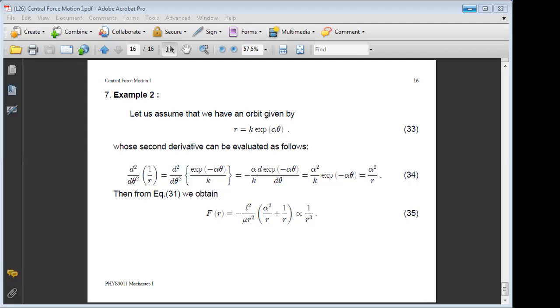Since v1 and v2 are constant, v naught is also constant. And the total energy is equal to 1/2 mu r dot squared plus the centrifugal potential energy, right? And since the total energy is conserved, the energy is also equal to 1/2 mu v naught squared, right? That is when they are far away from each other.